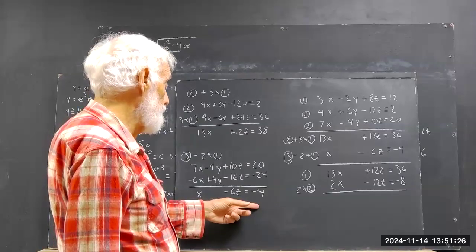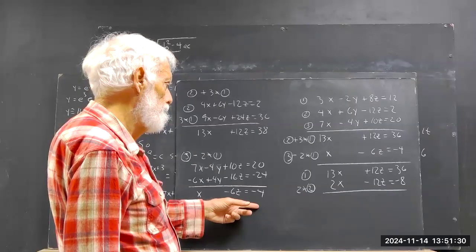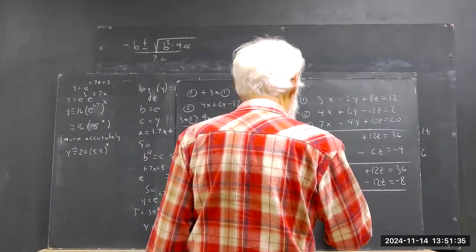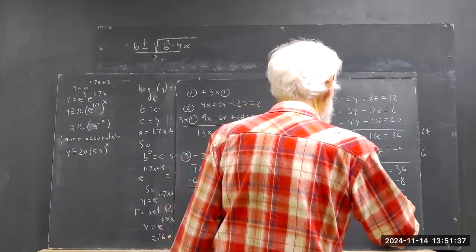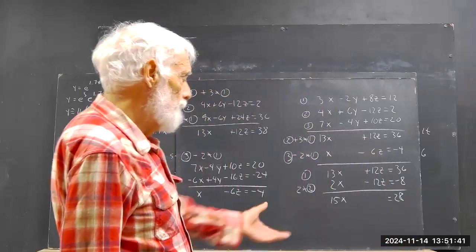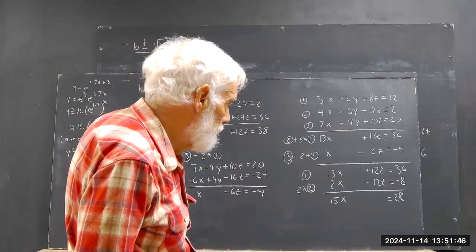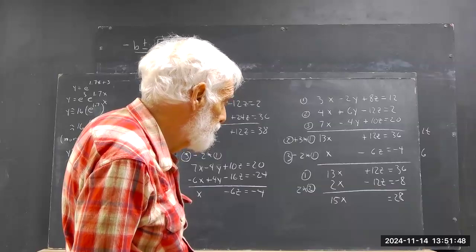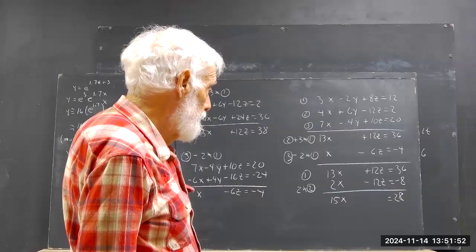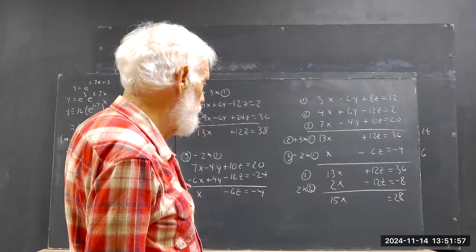Yeah, it has to be right. What I'm getting here is 15x equals 28. Should be 15x equals 30. Okay, that's 4 minus, well, it's negative 8. 26 plus 38.